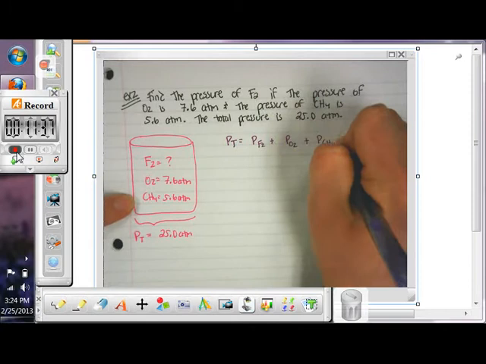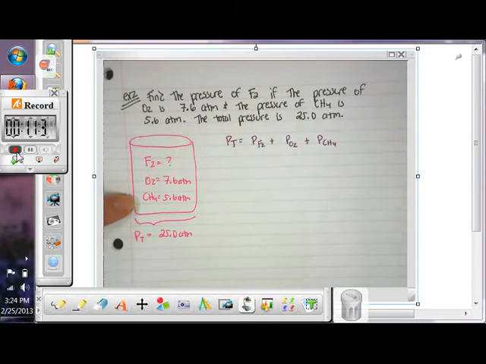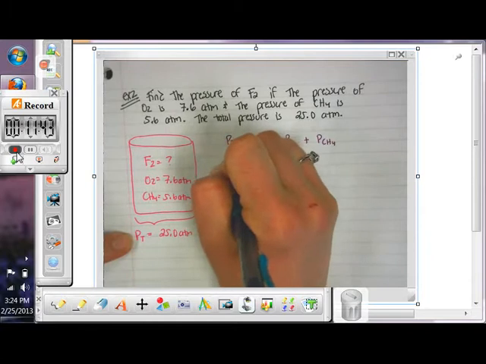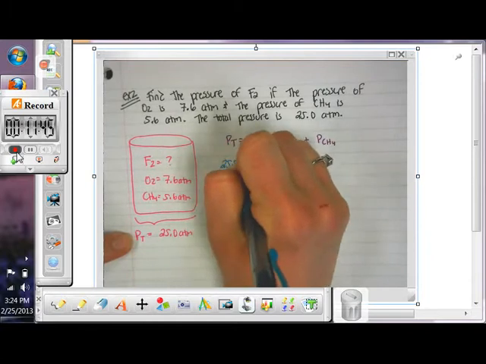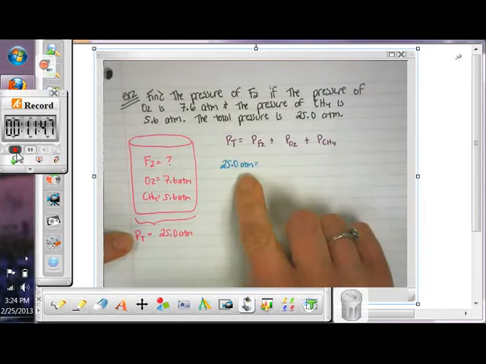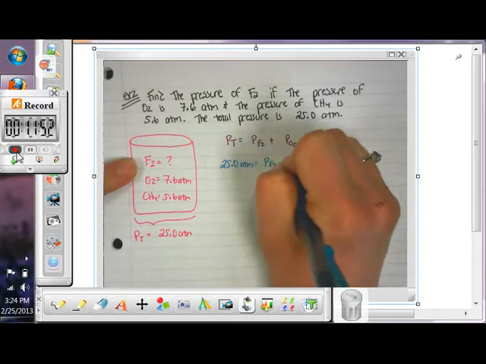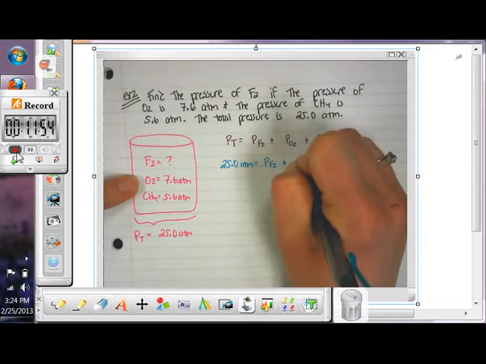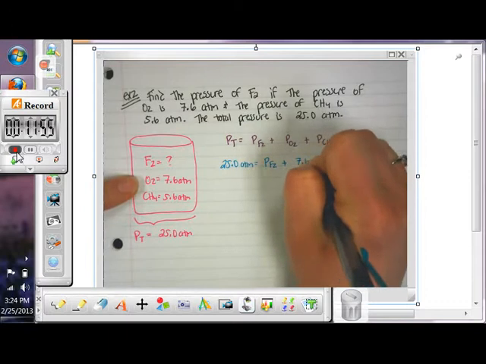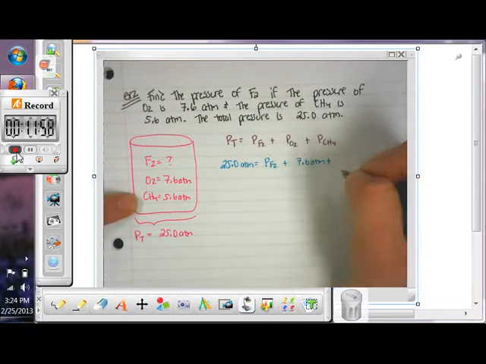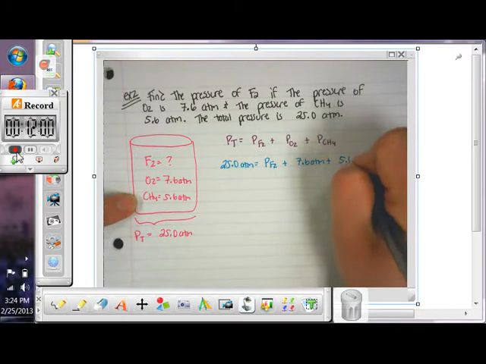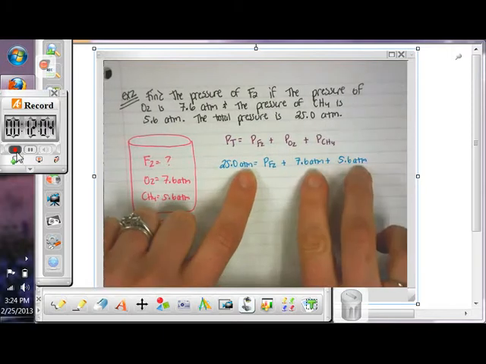Now I'm going to do a little bit of plugging and chugging. Pressure is 25.0 atm for the total pressure. I want to find the pressure of F2. I know the pressure of O2 is 7.6 atm. And I know the pressure of CH4 is 5.6 atm. All my units are the same, so I'm good to go.